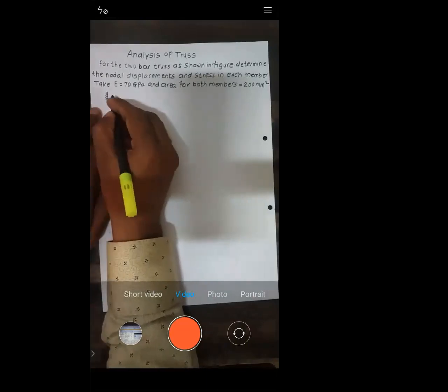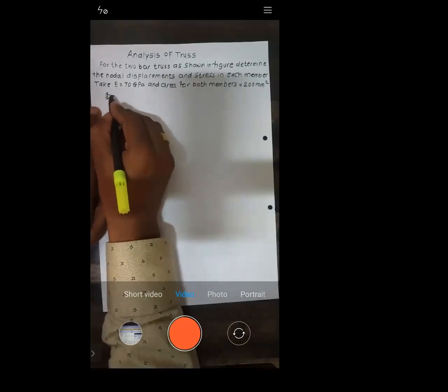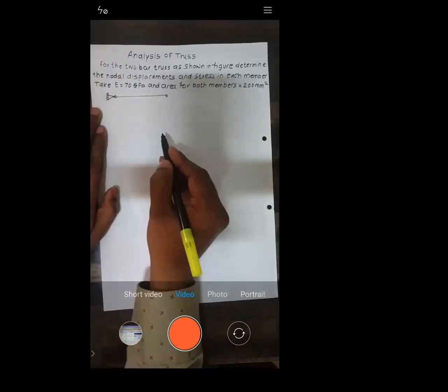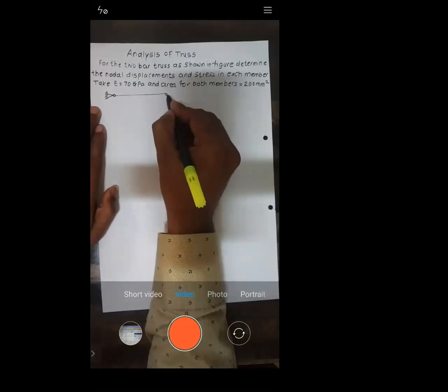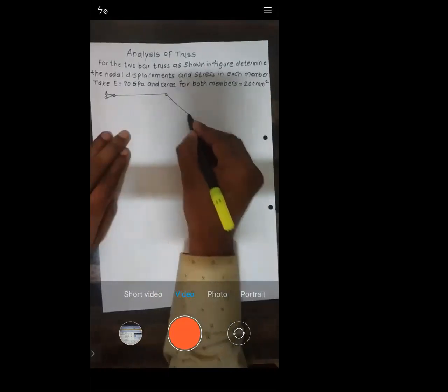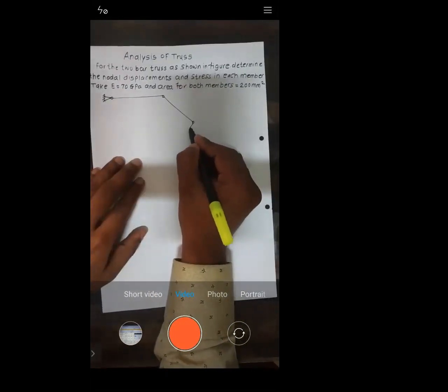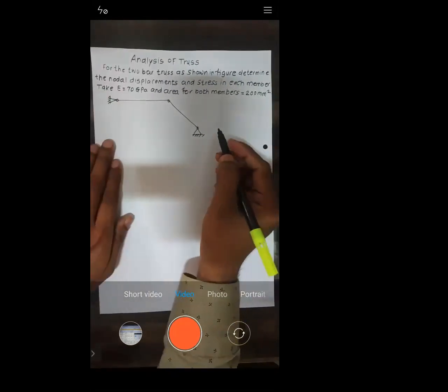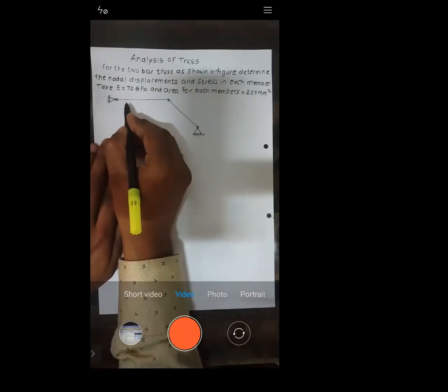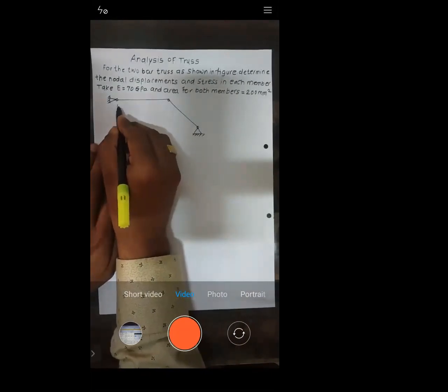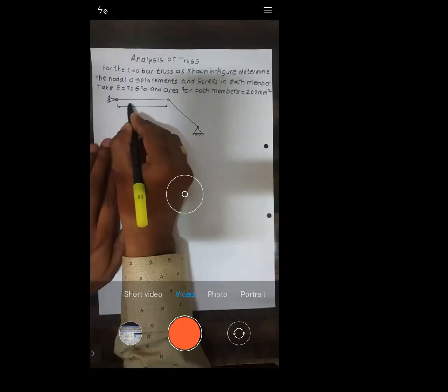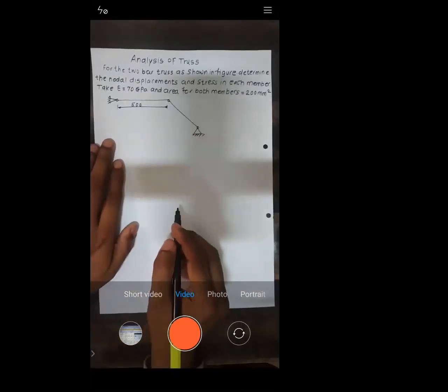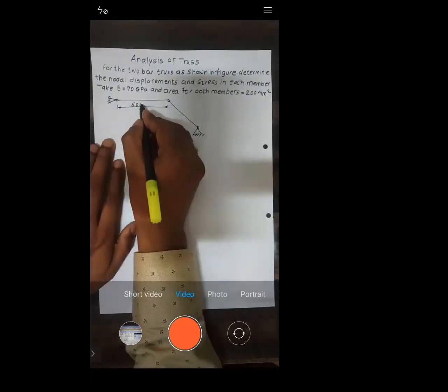Here they have mentioned a fixed support. This is the first member which they have given, and this is the inclined member. This length they have given as 500 mm.